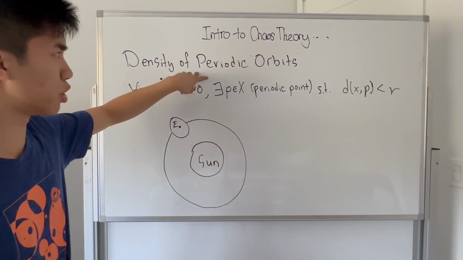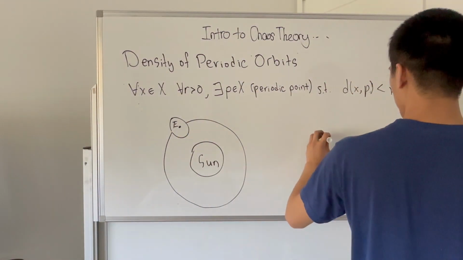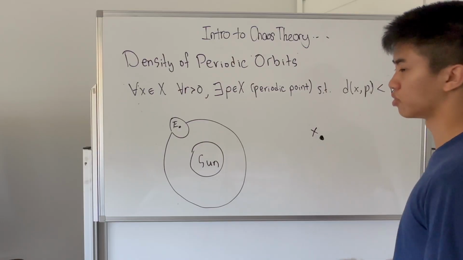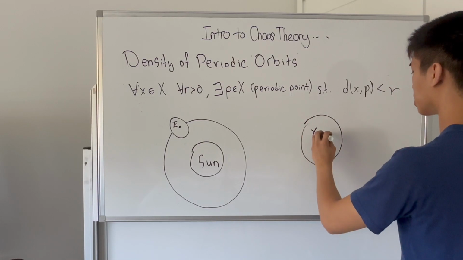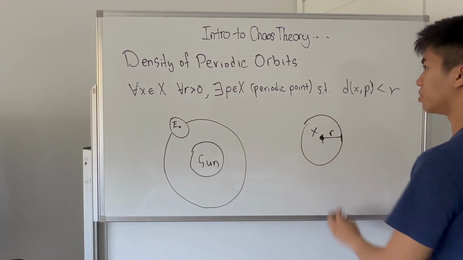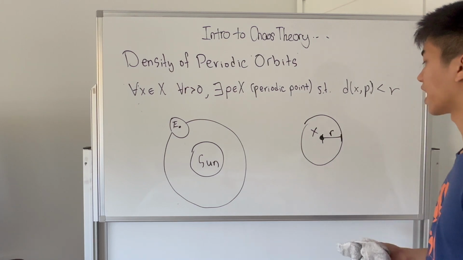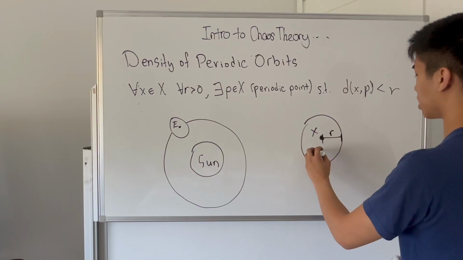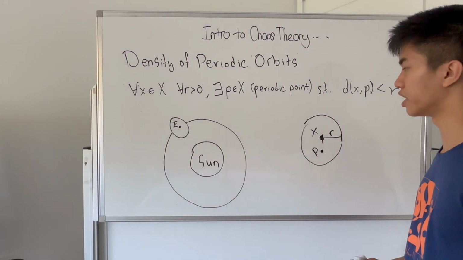And the density of periodic orbits means that if you take some random point in space X, doesn't have to be a periodic point, just some random Joe Schmo point, and you take a radius r, doesn't matter how small it is, could be like 10 to the negative 1 millionth power, you'll always find that there is a periodic point P inside that really small radius.